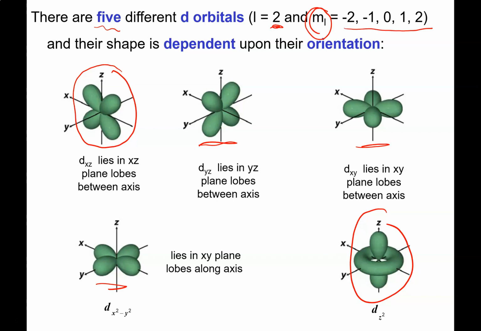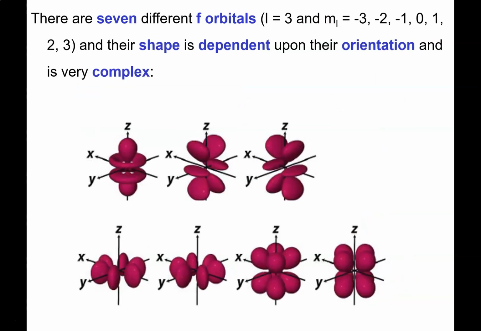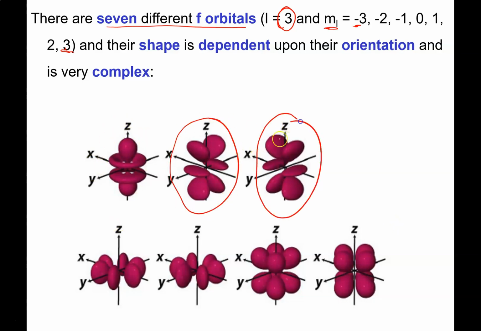Now, when we go to f, it's going to get real weird because we have 7, right? So there are 7 different f orbitals. An f orbital is what we get when l equals 3, and then ml runs all the way from -3 up to +3. And again, you can see the shape becomes more complicated. These have the same l value, they have different ml values, and that corresponds to different orientations, but it also seems to affect the shape.